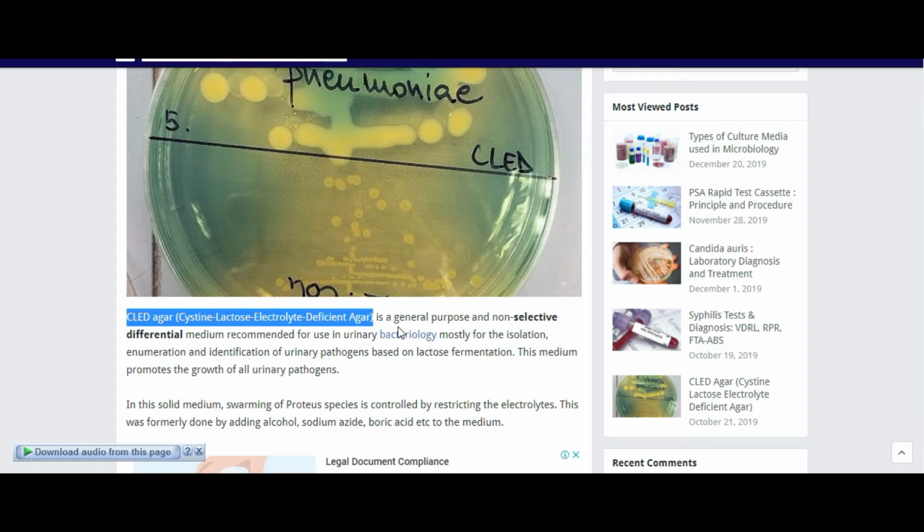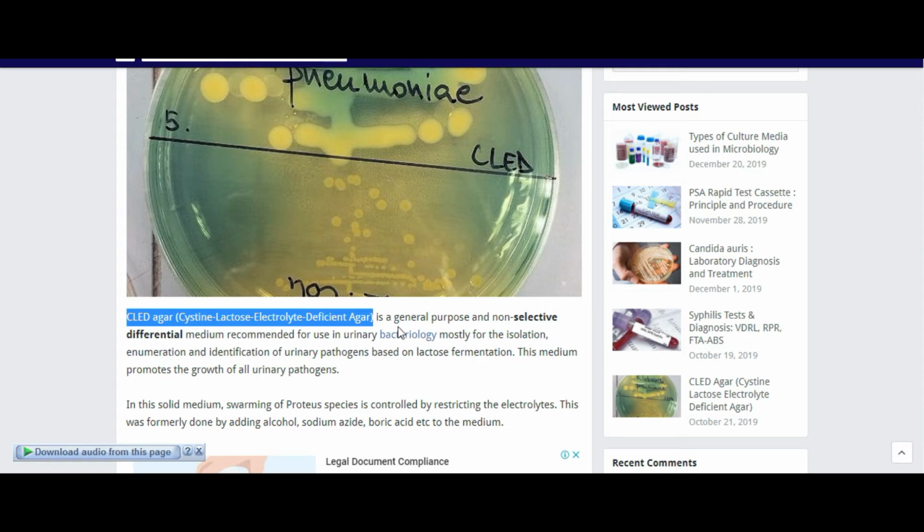And when I'm talking about urinary pathogens, obviously I'm thinking of Escherichia coli, Staphylococcus aureus, Klebsiella, and even Proteus species. So CLED Agar is an ideal medium for urine culture.